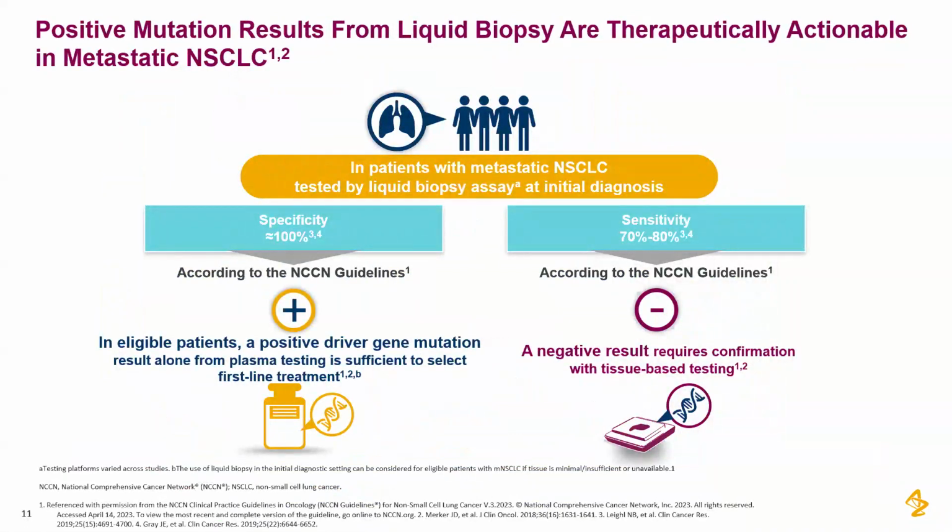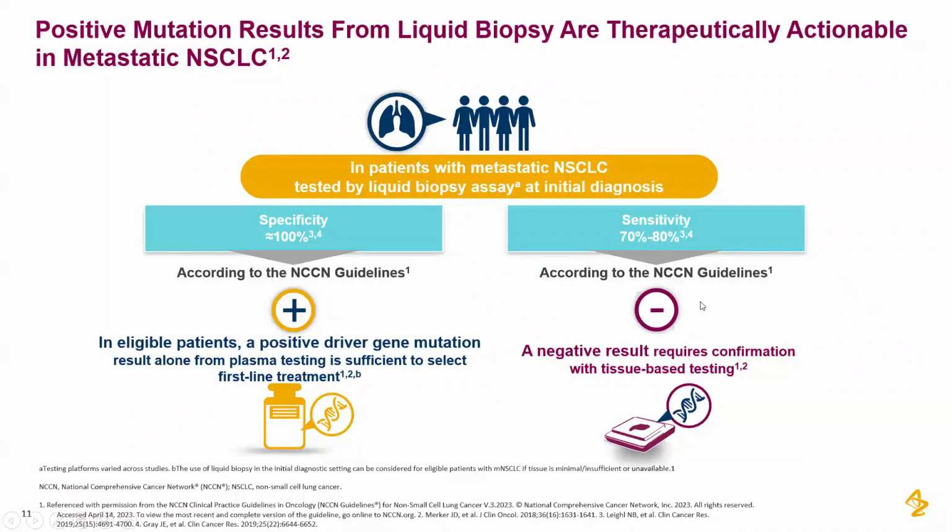See, in patients with metastatic NSCLC tested by liquid biopsy assay at initial diagnosis, the liquid biopsy has a specificity of 100%, whereas sensitivity is 70 to 80%. Which means that if a patient underwent a liquid biopsy and the test is positive for a driver gene mutation, we can move on to the treatment.